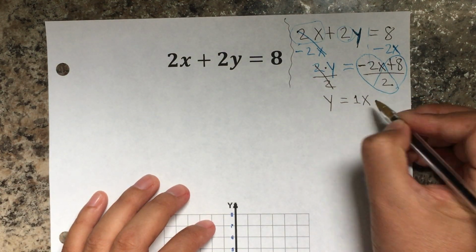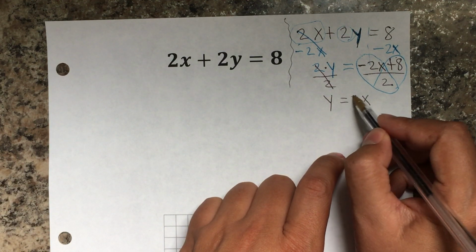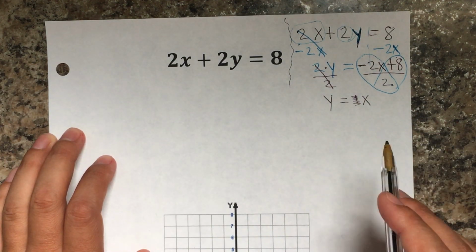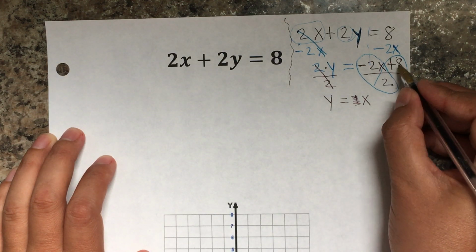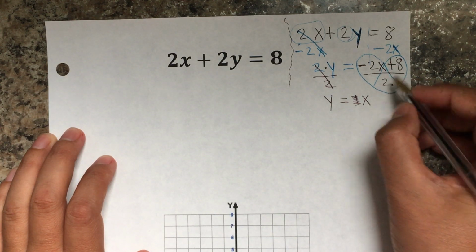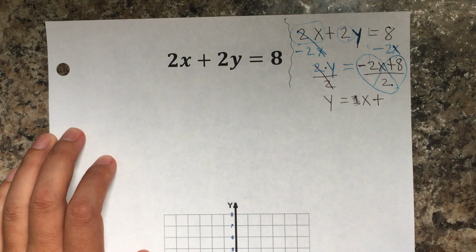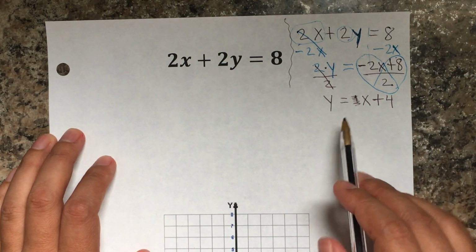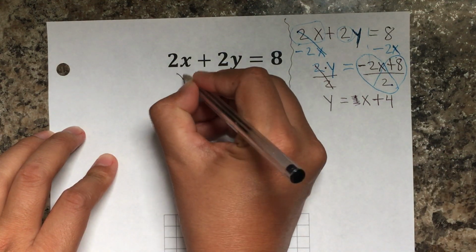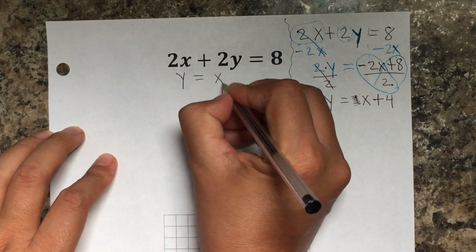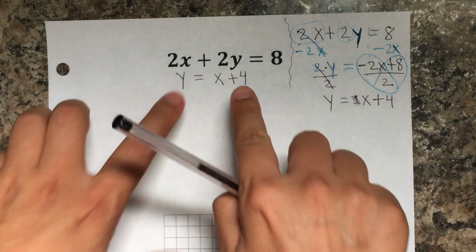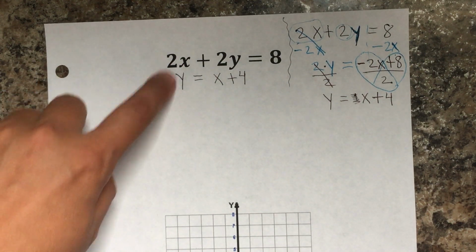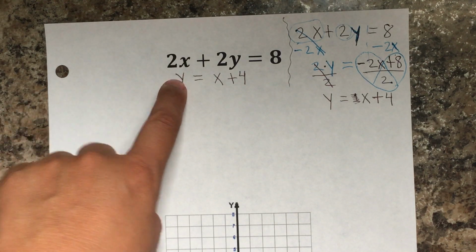And then x. Usually this 2 is not going to take place, so it's just going to be x. Remember that the coefficient 1, we do not write it. Then positive divided by positive, positive. 8 divided by 2, 4. So my new equation is now y equals x plus 4. And that's exactly like that. It just looks different. Okay, they are the same, because I just put it in terms of y.